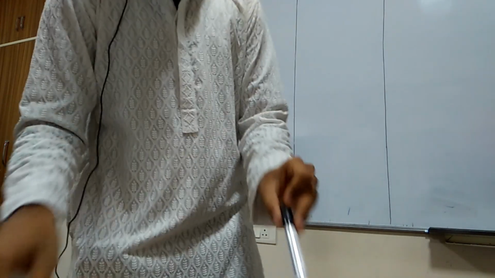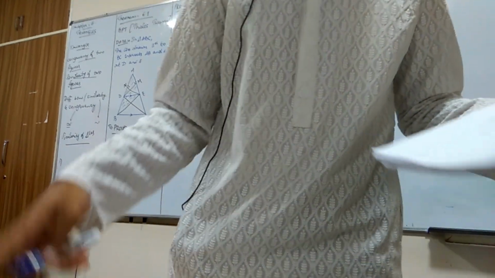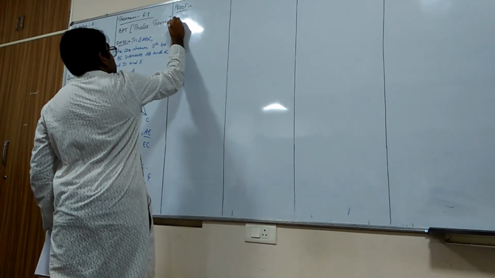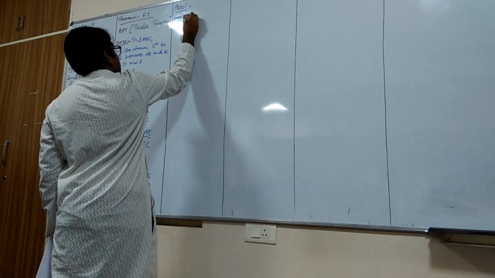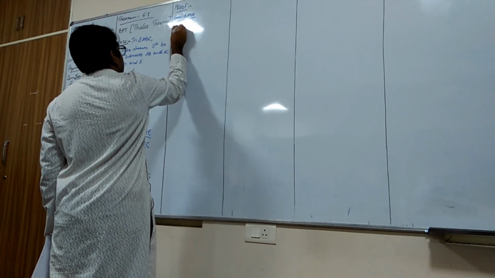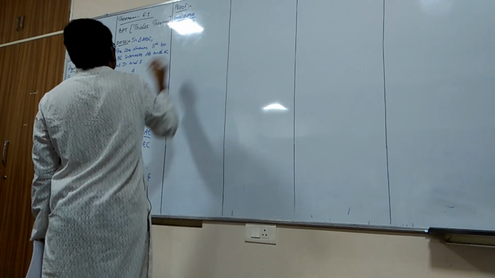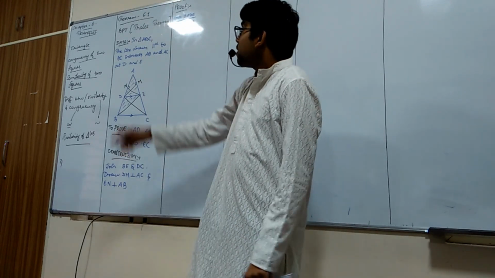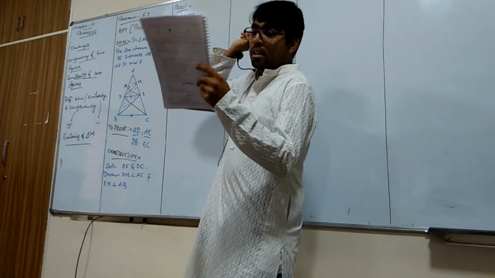So now, very simple. Area of triangle ADE divided by area of triangle BDE. Why, sir, do we have to divide? Because the theorem statement is about a ratio.